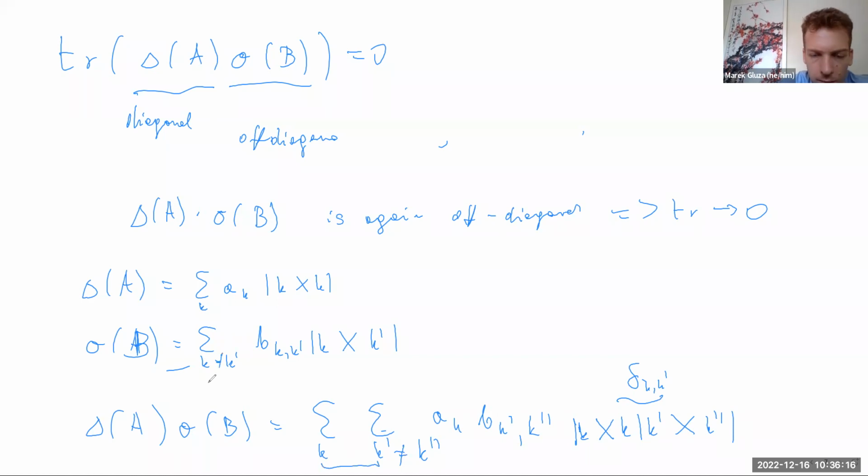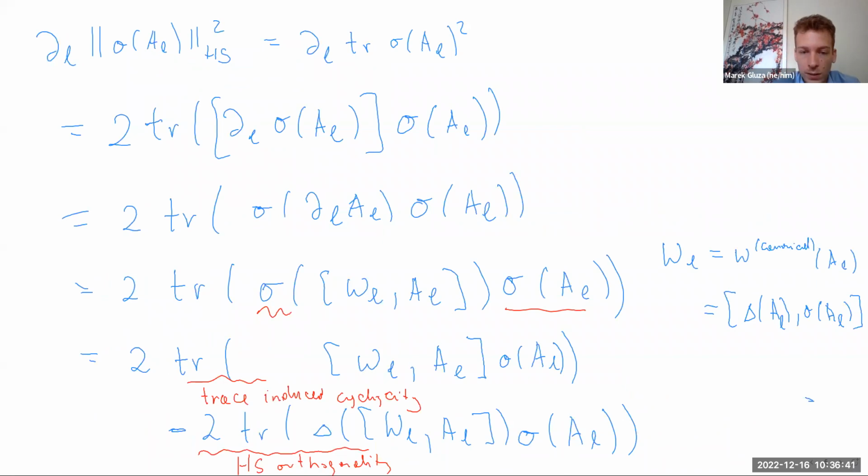These two are not allowed to be equal because it's strictly off diagonal, so it's again in the image of sigma for some operator c. So it's off diagonal, and that means that trace sigma of some c is always equal to 0. So that's our first property, which means that, we do this in pink, this one, due to this Hilbert-Schmidt orthogonality, goes to 0.